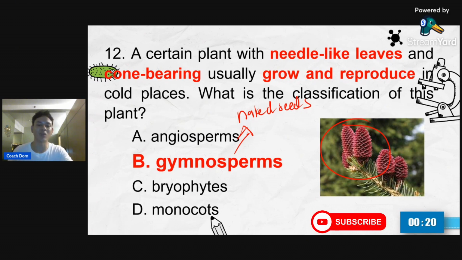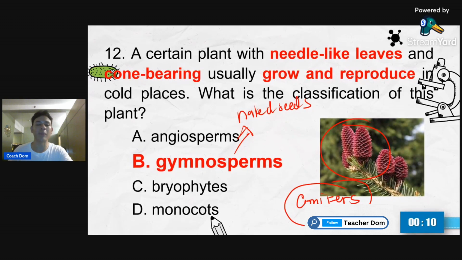One of the examples of gymnosperms ay tinatawag natin na mga coniferous plants. They are very dominant among the gymnosperms and they have needle-like leaves and cone-bearing.